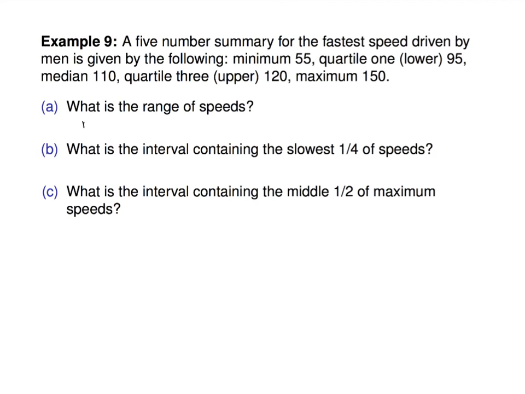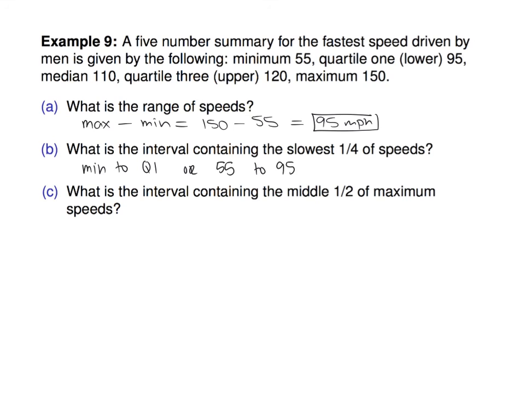So the way to find that range is you do the maximum minus the minimum. So that's 150 minus 55. So there is a range of 95 miles per hour. Now the interval containing the slowest 1/4 of speeds, as we just discussed, that's the min to quartile 1, or 55 to 95, which you could also give like this, if you felt like it.